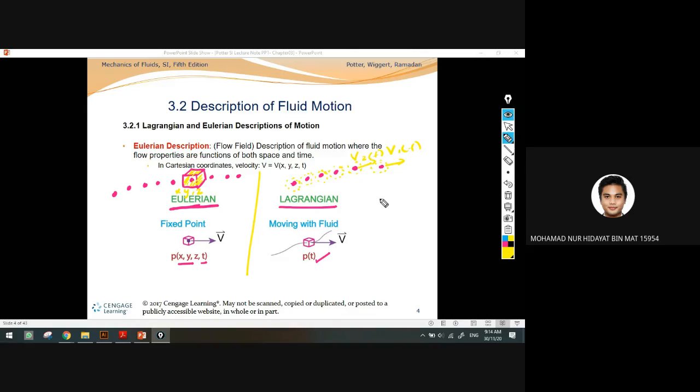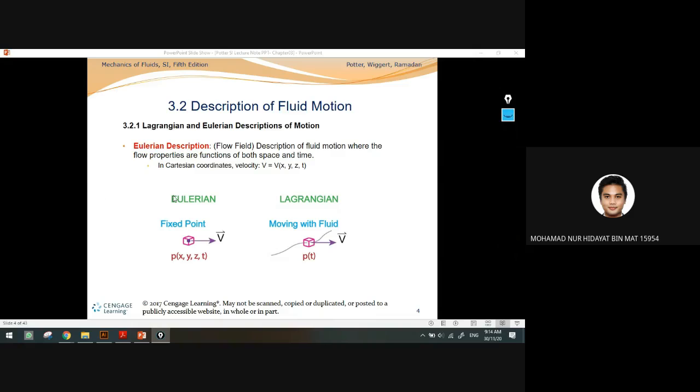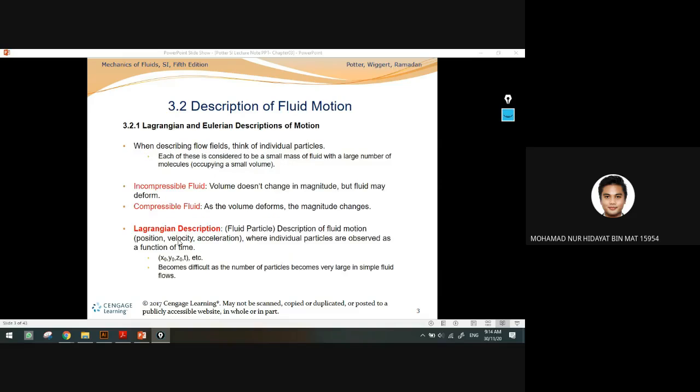So I hope you understand, yeah? So far, are you guys clear on this? Everyone? Are you okay? What's the difference between Eulerian and Lagrangian? So Lagrangian is more on the fluid particle. Remember, it involves the fluid particle.